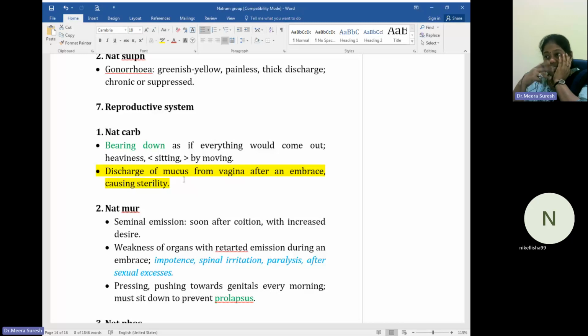So when an MCQ comes and four options are there, they will be keeping medicines like sepia, then for sterility lycopodium, and which other medicine can be, conium also. When we see these remedies, we feel okay, lycopodium, sepia, conium, everything can be important. And then that fourth option will be natrum carb.